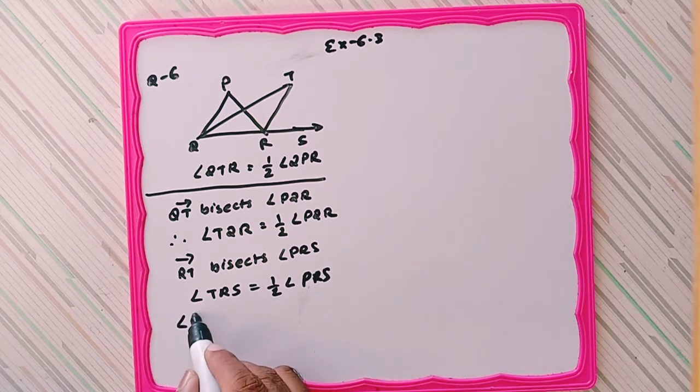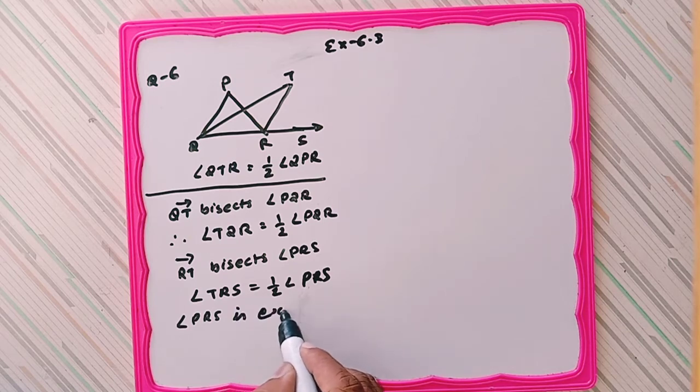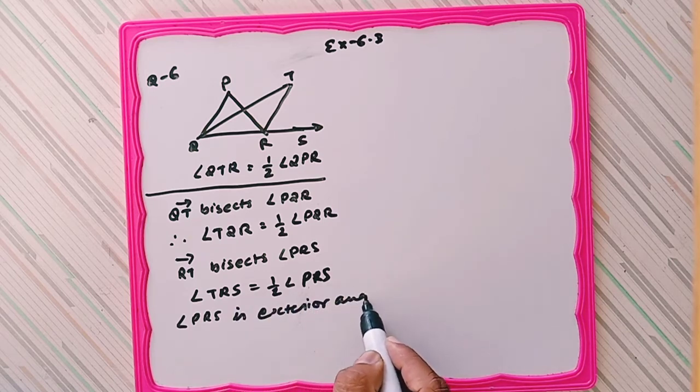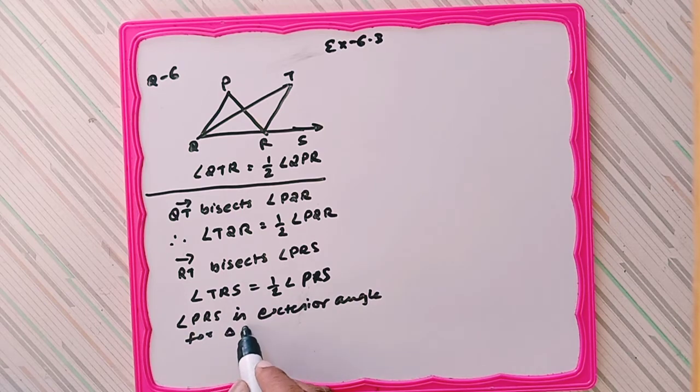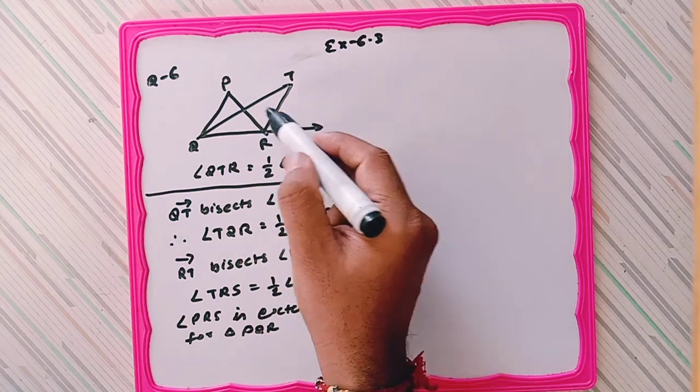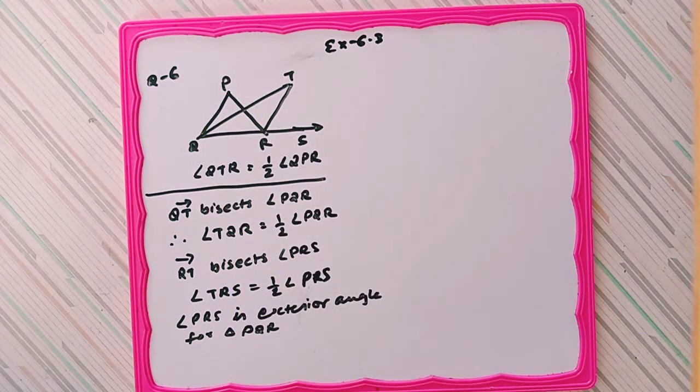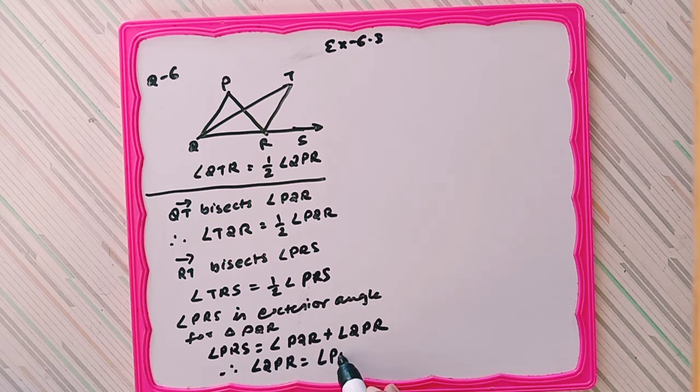Now angle PRS is the exterior angle for triangle PQR, and we know that the exterior angle equals the sum of the interior opposite angles, and therefore angle PRS equals angle PQR plus angle QPR, and therefore angle QPR equals angle PRS minus angle PQR.